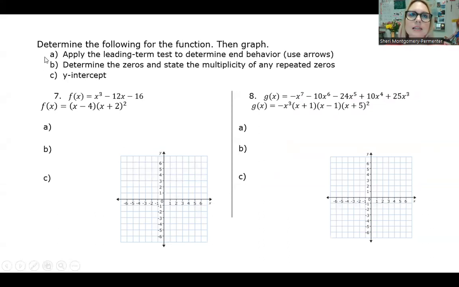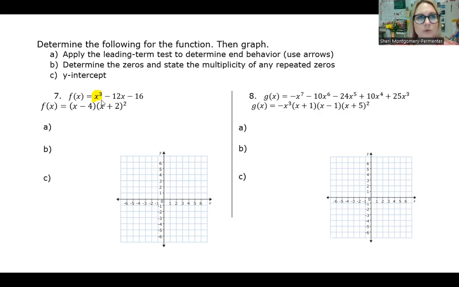All right, this is the last thing that we're going to go over today. The first part says apply the leading term test. The leading term is just the first term. We use the leading term test to determine end behavior. Some things we get from the factored form and some from the standard form.